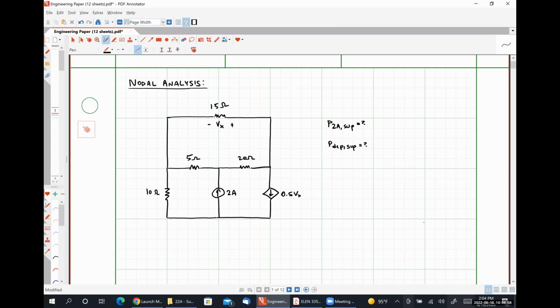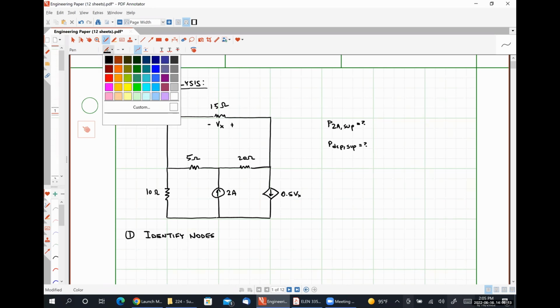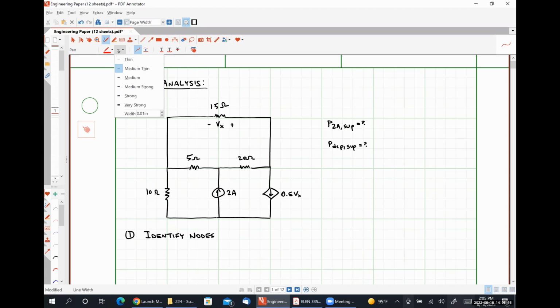The first step of this nodal analysis technique is simply to identify all of our nodes. So I'm going to use different colors to identify all of our different nodes.